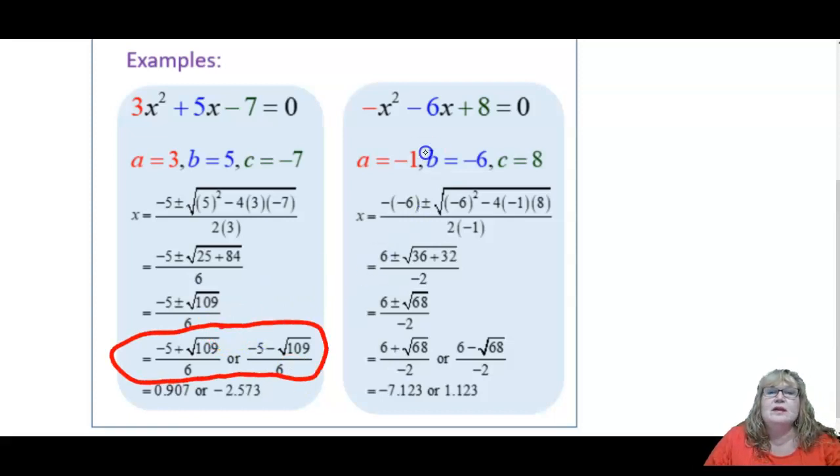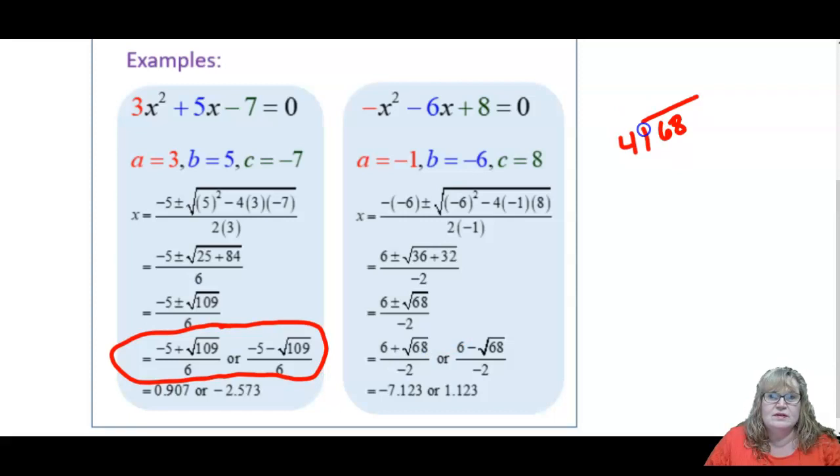Now, this one had a negative b, and it had a negative a. So the opposite of b became positive 6 down here. And then when they did this inside here, it became 68. Now, 68, I think, is divisible by 4.